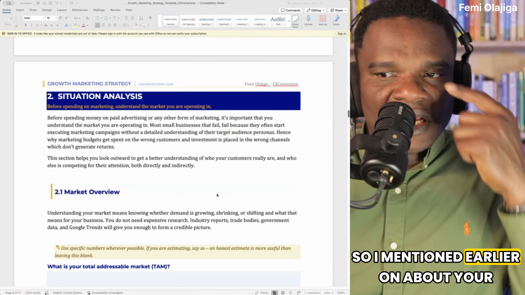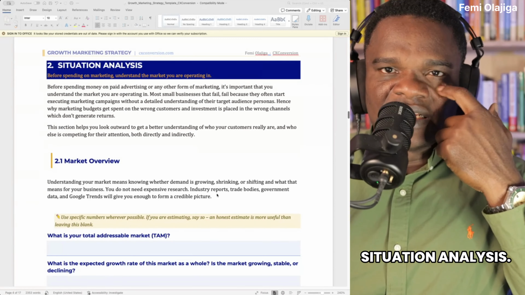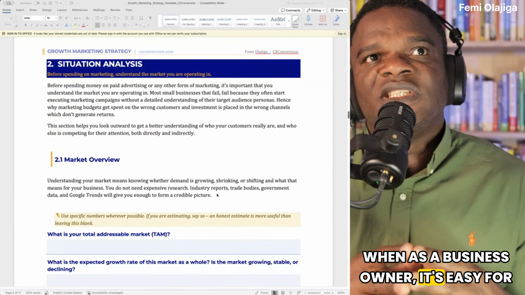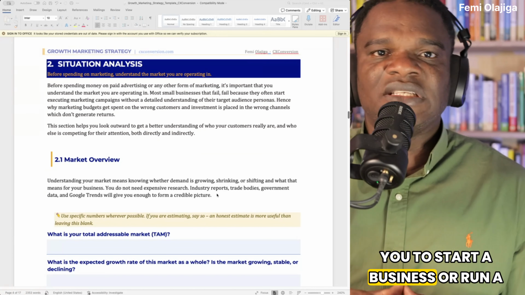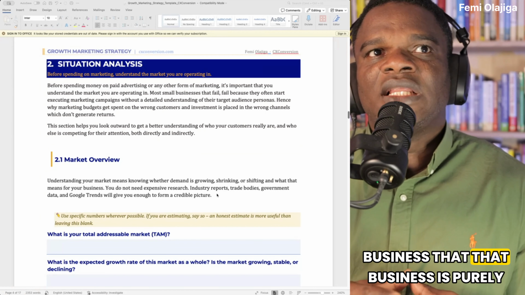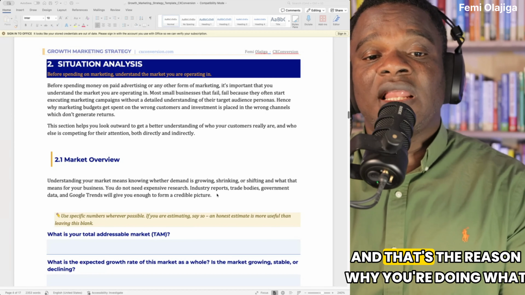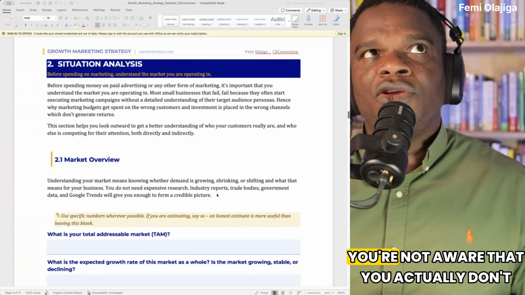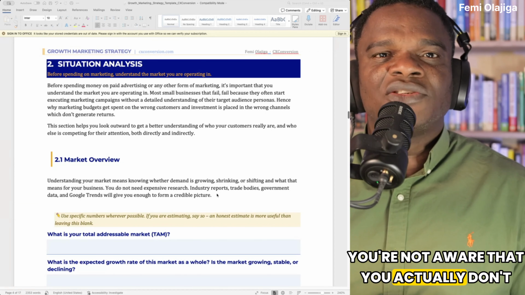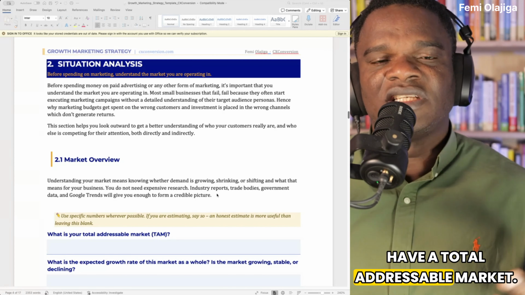So I mentioned earlier about your situation analysis. As a business owner, it's easy to start or run a business purely from passion. You're just passionate about what you do, and that's the reason why you're doing what you do. You're not aware that you actually don't have a total addressable market.